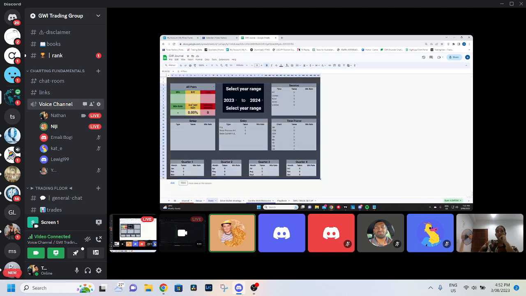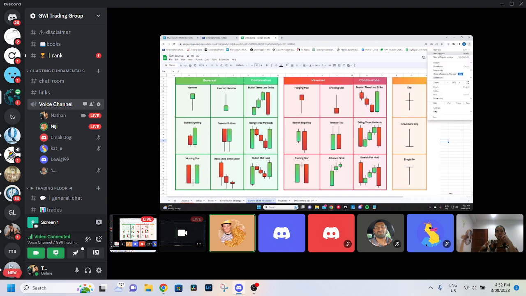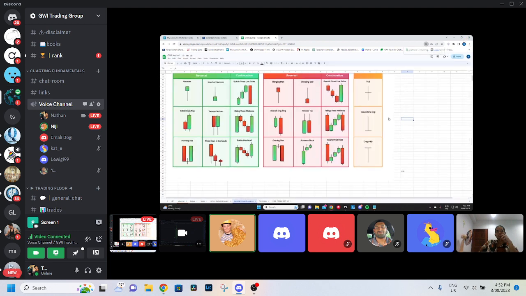Once you start journaling your trades, all of this will automatically calculate your stats, so you can see which quarter you perform best in, which time frame you took your trades in works out best for you, the type of entry, and so on. I don't want to confuse you, but this is something we'll go through at a later date when we start executing trades. But you'll also find this tab, which is your candlestick resource.